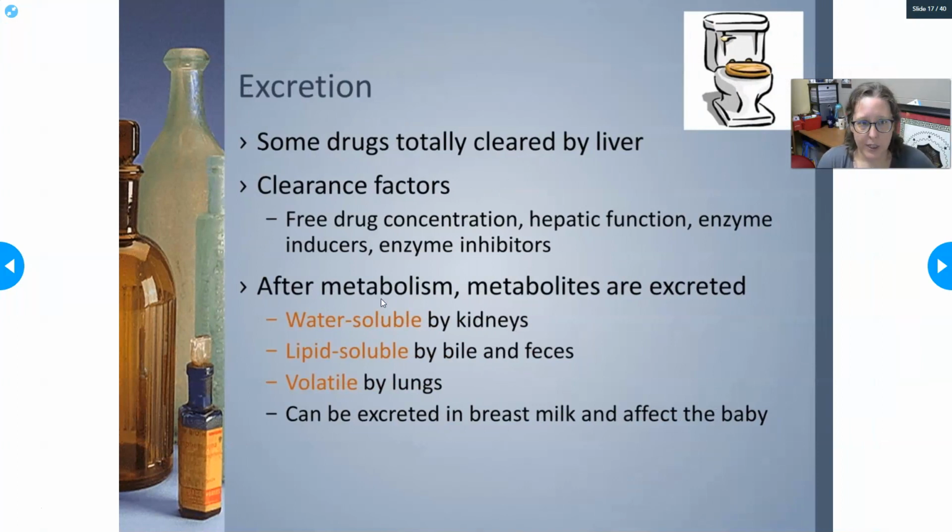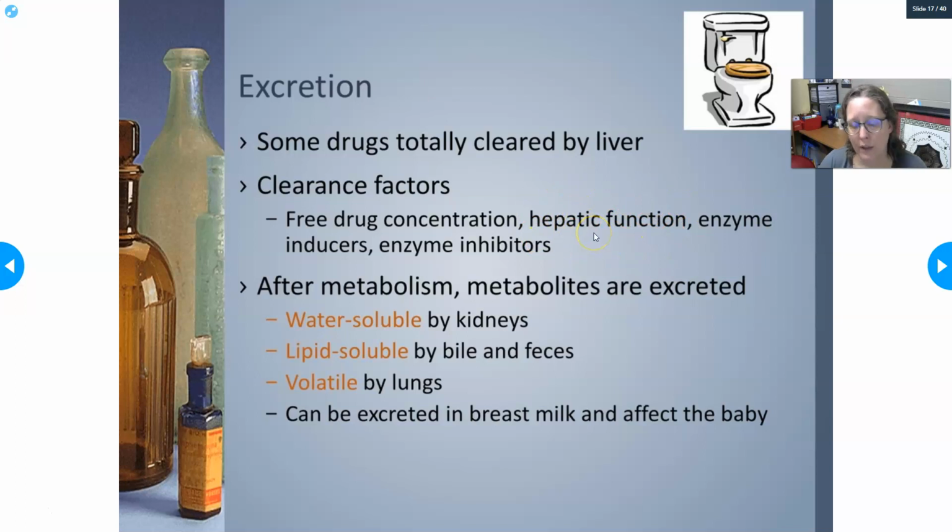All right, excretion. Some drugs are totally cleared by the liver, meaning that the liver detoxifies them and then they get dumped into bile, and then bile gets dumped into the GI tract. The clearance factors that affect this excretion are going to be the free drug concentration, so how much of the free drug was in the systemic circulation, and how well the liver works, right?